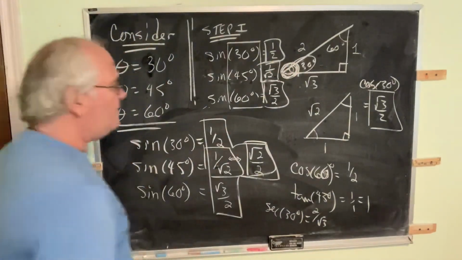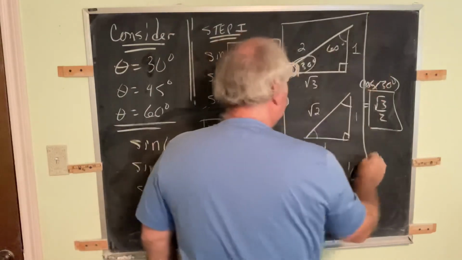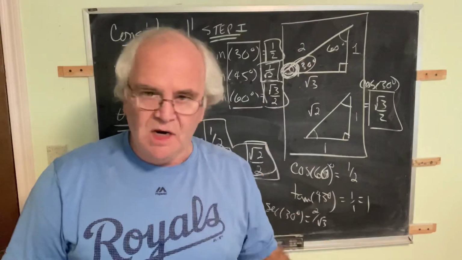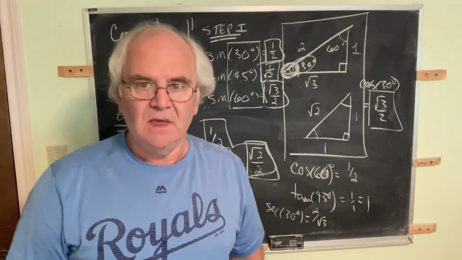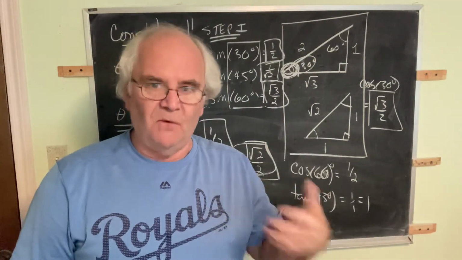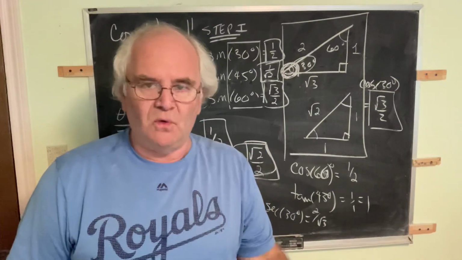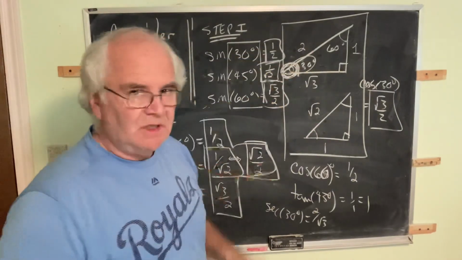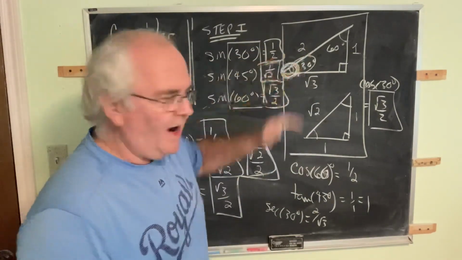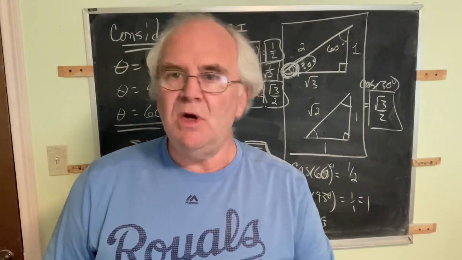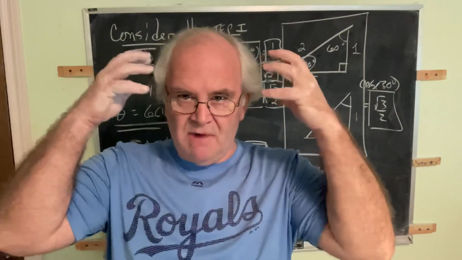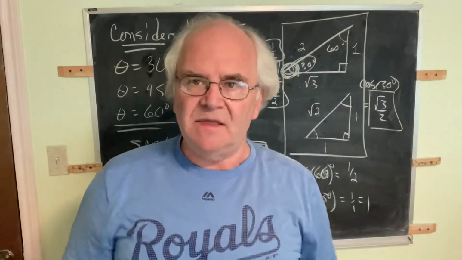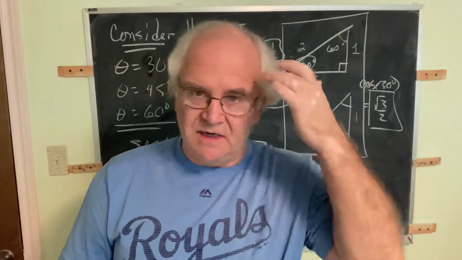So you need to have these triangles in your mind's eye. That needs to be part of your mental furniture. I have some techniques I can use to try to force you to learn those. But you need to be able to draw this out at a moment's notice, at the drop of a hat. Eventually, you don't need to draw them. They're in your mind's eye. So if I say visualize the 45, 45, 90 triangle, boom, I got it right there.